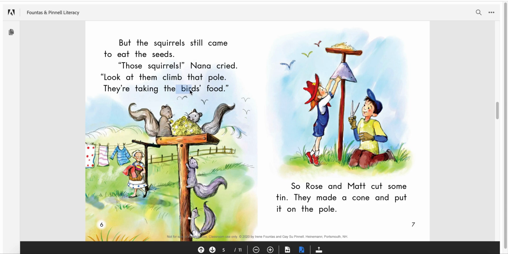This word, birds', plural because there's an S, but then there's this apostrophe at the end of the word, which means the birds own the food. And there's more than one bird, so that's birds' food. They're taking the birds' food. This is a tricky word. Tricky. All right, keep going.